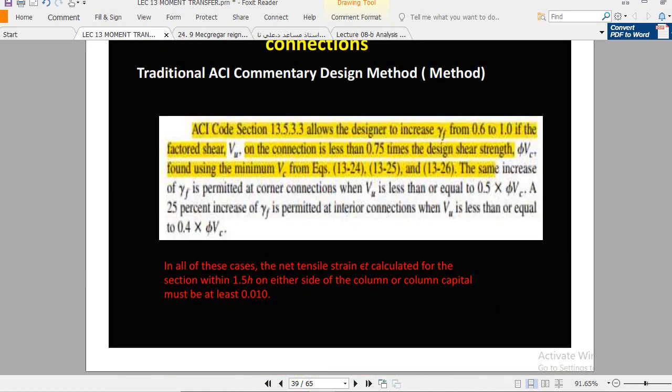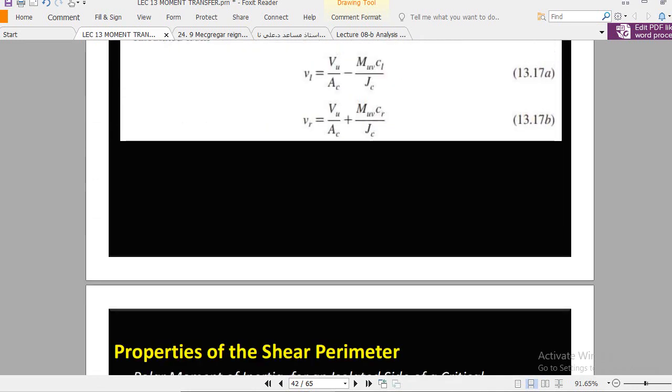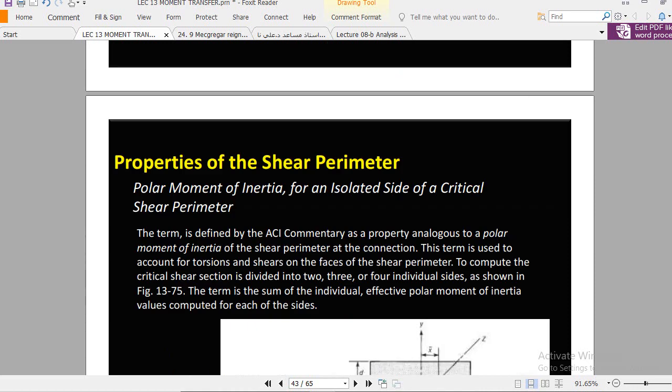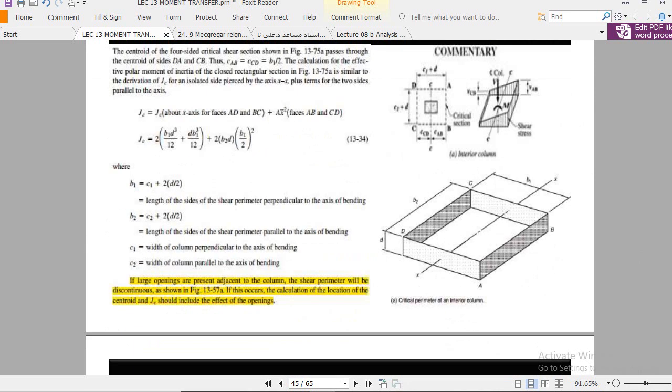Similarly, we understood the different properties of shear parameters, right? And we also saw when we have to use the negative sign and when the positive sign, and how to calculate the polar moment of inertia for an interior column and for an exterior column. This is for the interior column.